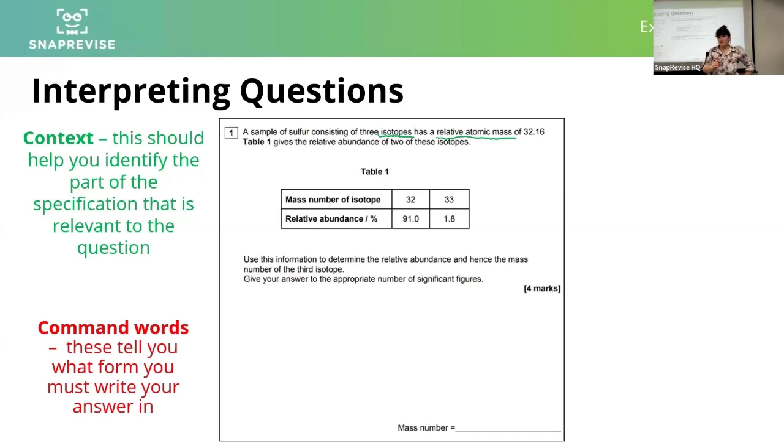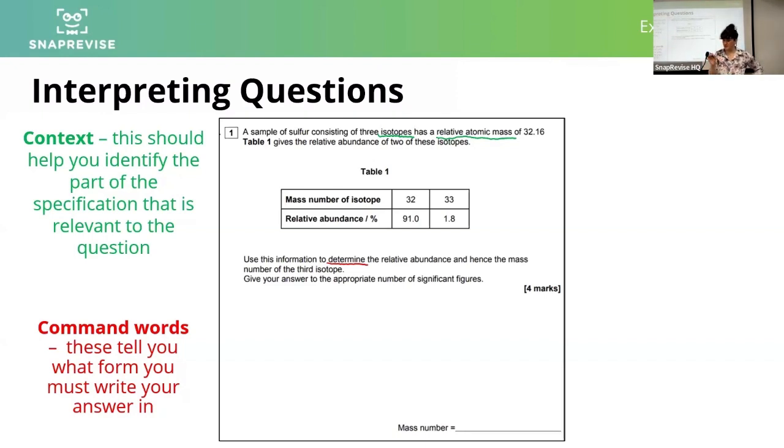Command words. I'm then thinking, right, what are they expecting from me? Am I giving a statement, a short answer, a long answer, an essay, a calculation, a drawing? What do they want from me that's to do with isotopes and relative atomic mass? Most questions, not all, will use very specific command words. Here we've got use this information to determine the relative abundance.